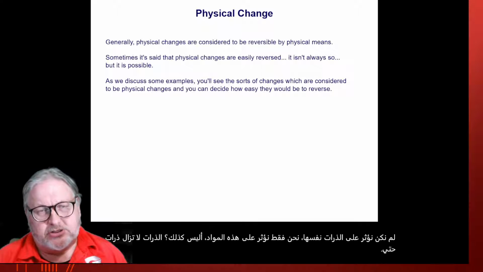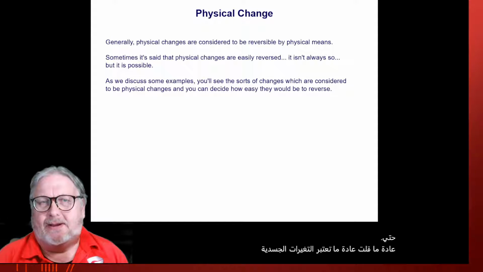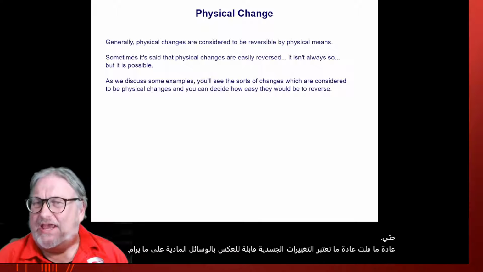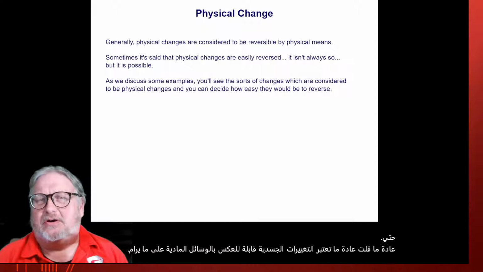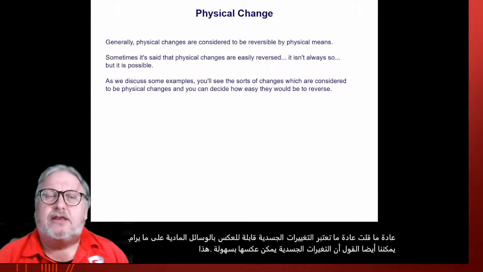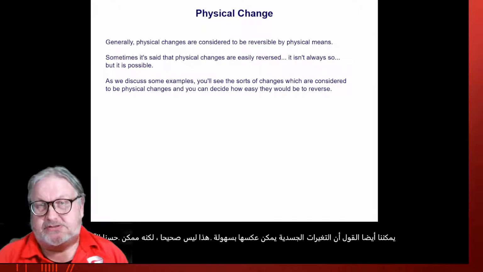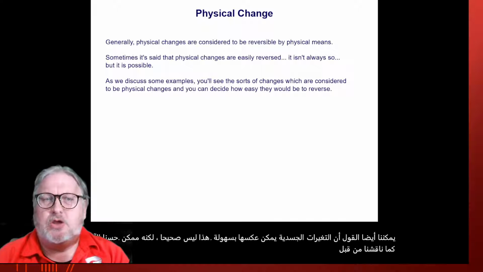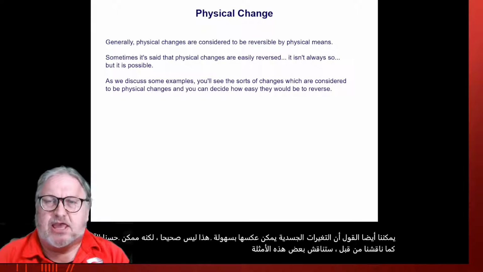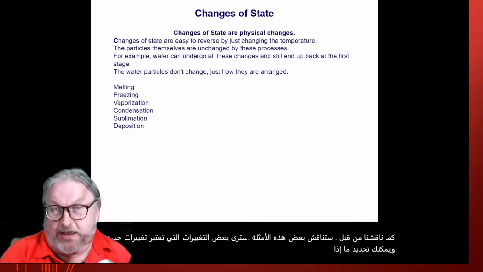Usually, I said usually, physical changes are considered to be reversible by physical means. We can also say that physical changes are easily reversed. That's not always true, but it's possible. As we discuss some of these examples, you'll see some changes which are considered to be physical changes, and you can decide if it's easy to go in the reverse direction or not.